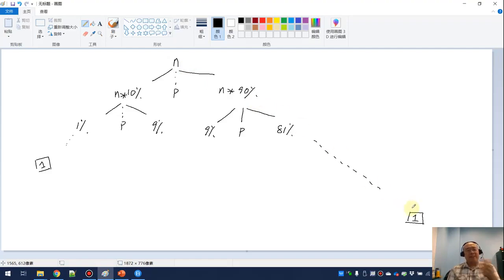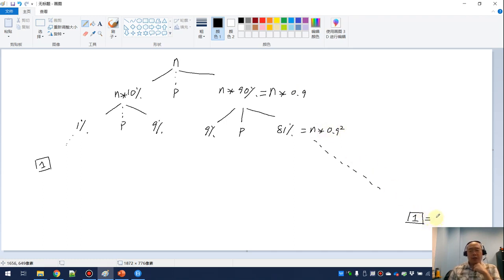Let me ask you this question. We have 100%, which is n, and then 90%. For this one, let me write down n multiplied by 0.9. And for this one, n multiplied by 0.9 squared. If you go down and down, what will this be?